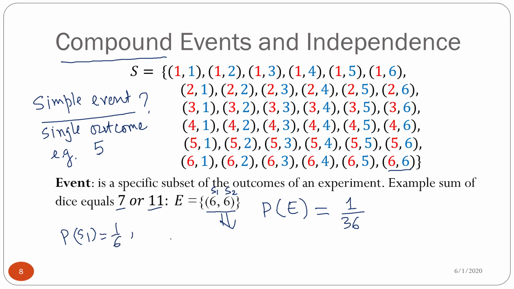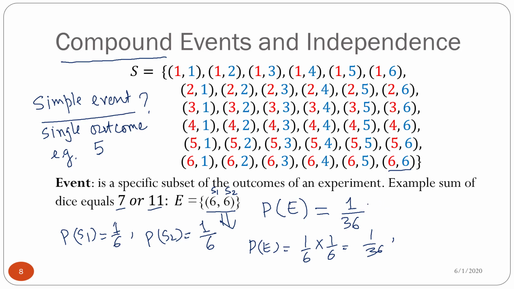When you have one dice which is red in color and you want to get 6, the probability is 1 by 6. What is the probability of S2, which is getting a 6 when you're rolling a blue dice? That is 1 by 6 again. So now the probability of E is equal to 1 by 6 multiplied by 1 by 6, which is 1 by 36.